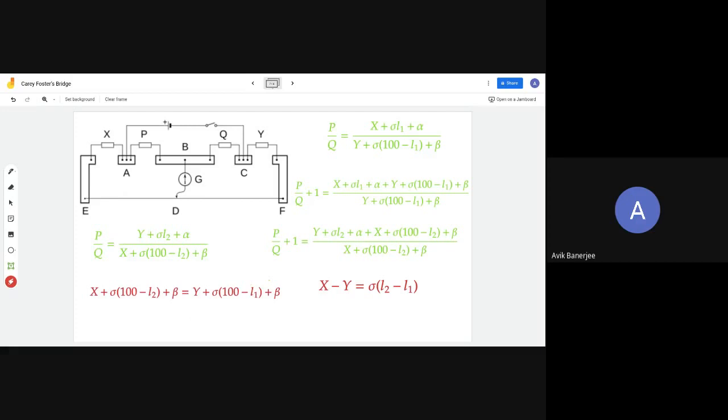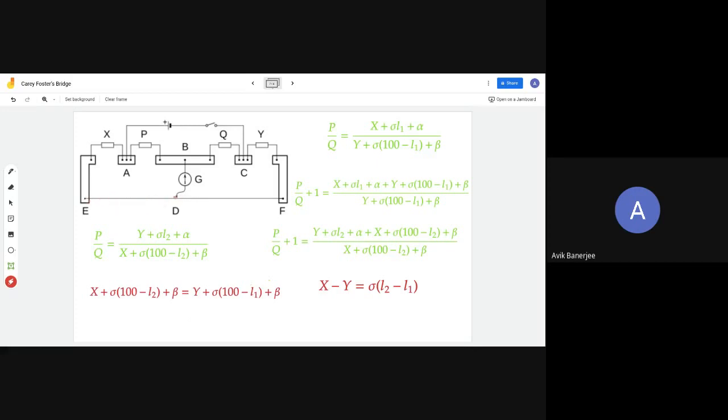Right? We should place the jockey and we'll see where there is no deflection of the galvanometer. So if we are able to find out that particular point, then that point is D here. So ED is the length of this part of the wire.